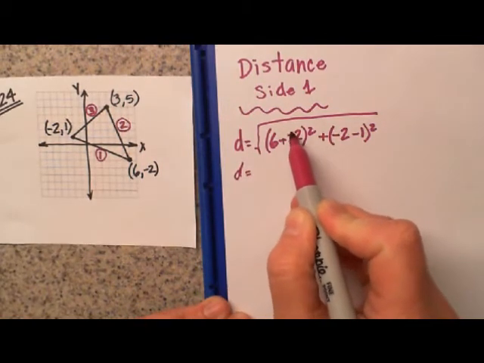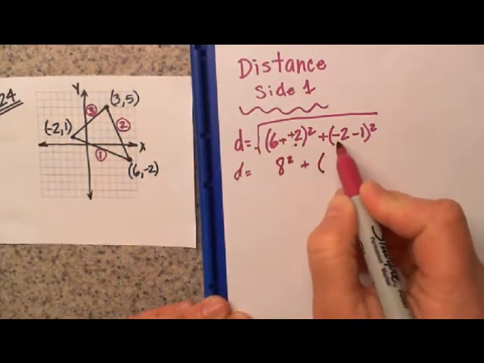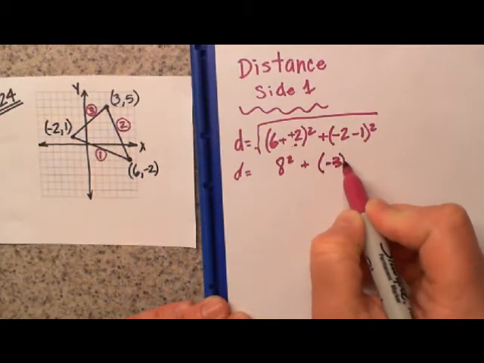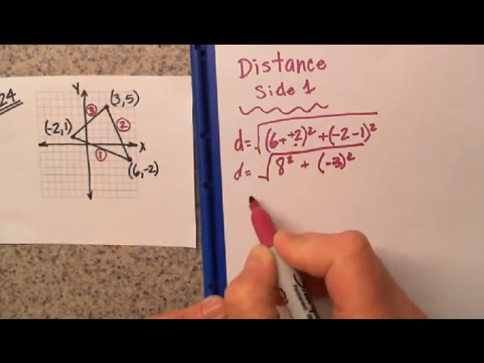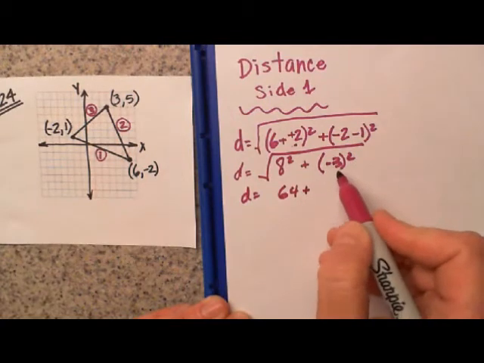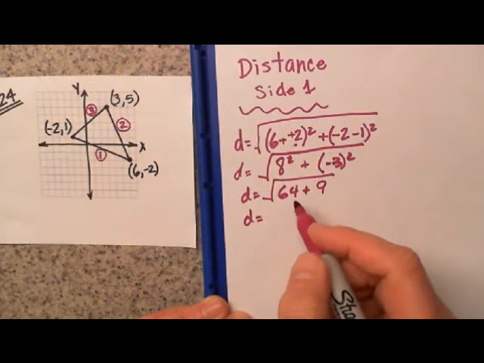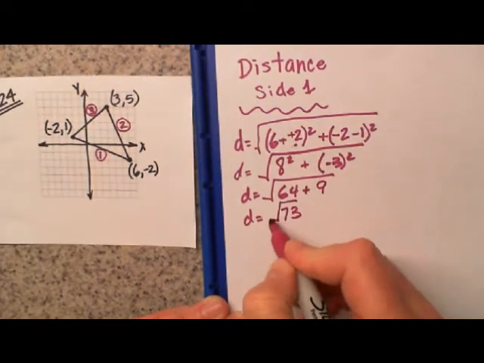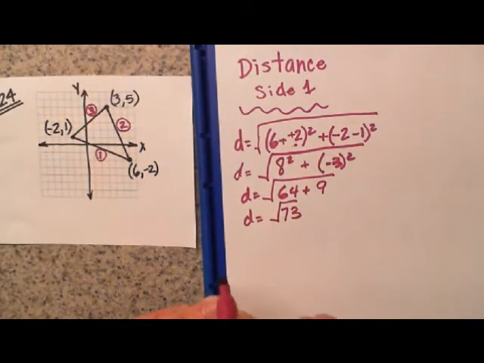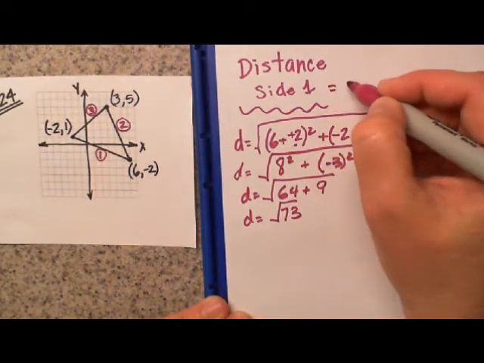So 6 minus a negative 2, that is 8 squared, plus negative 2 minus 1, that's a negative 3 squared. So I've got 64 plus 9, which is 73, right? So the square root of 73 is the distance of side 1.